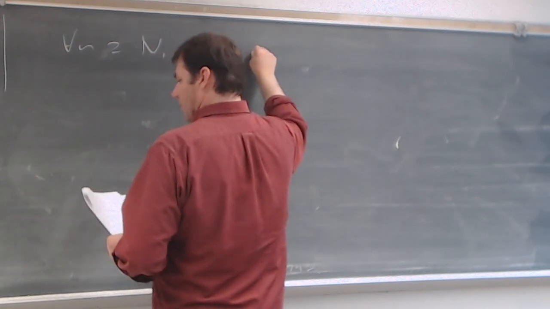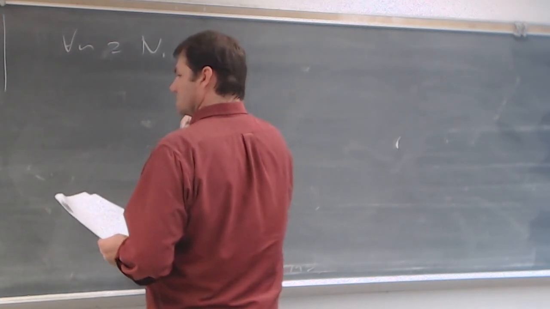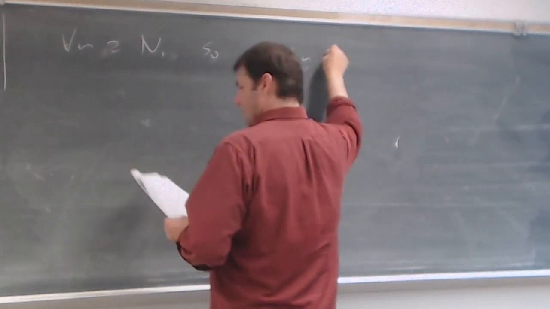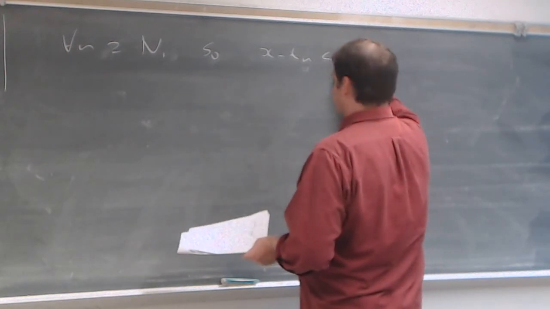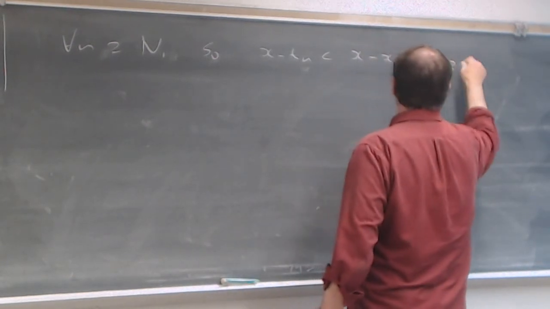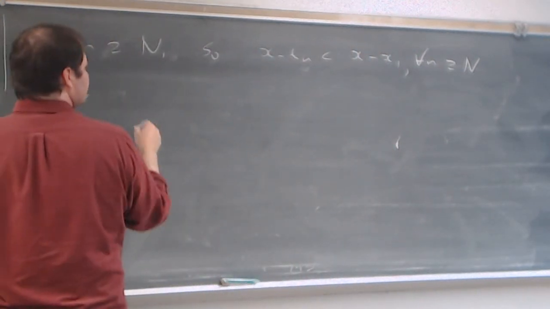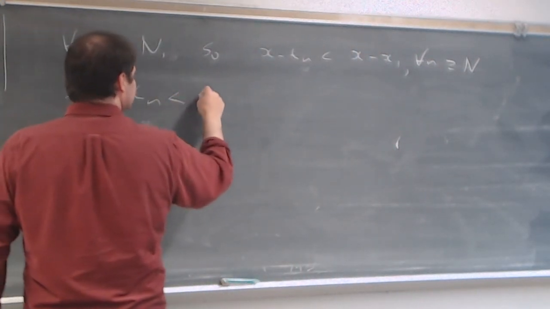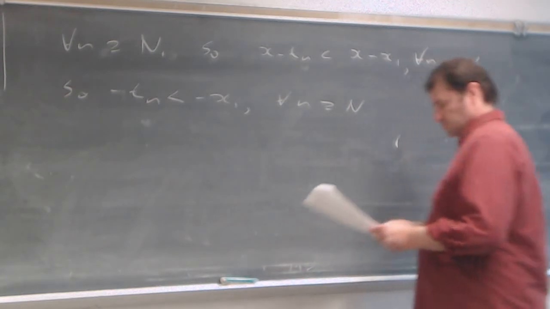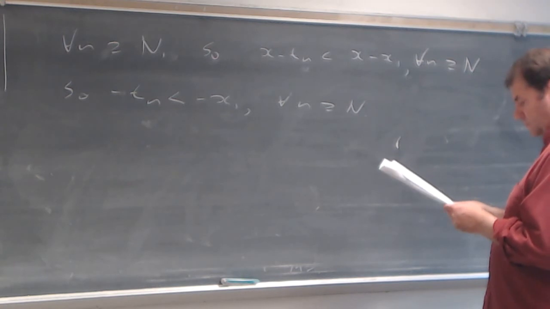So rewriting that, the x's are always bigger than the t sub n's. So x minus t sub n is going to be less than x minus x sub 1, and that's for all n bigger than or equal to big N. So that says minus t sub n is less than minus x sub 1.